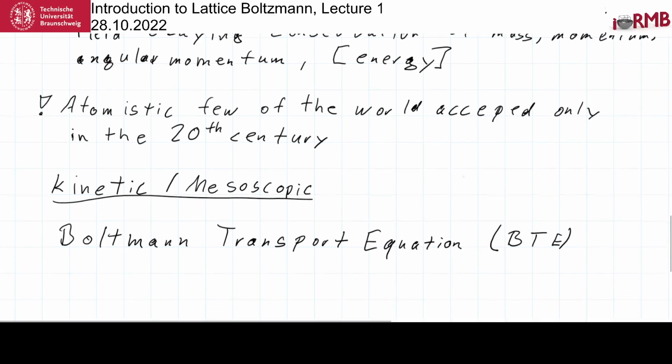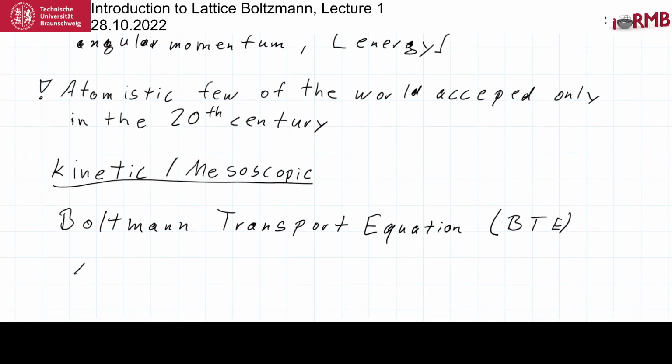So this is a beast on its own, and we should actually also have a complete lecture on the Boltzmann equation, but we have here a lecture on the Lattice Boltzmann equation, so we'll have a simplification of this thing. But now let us have a look at what the Boltzmann equation actually is.